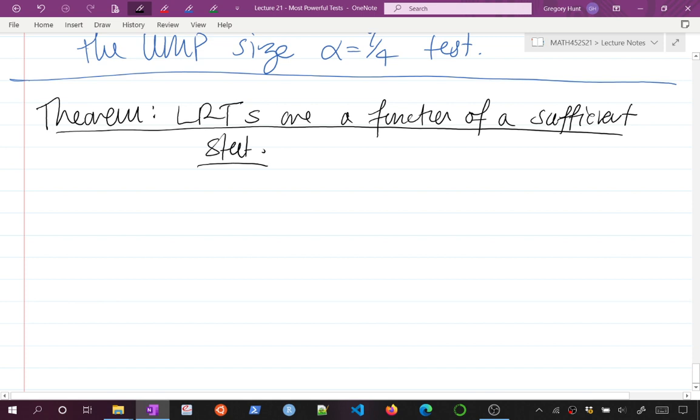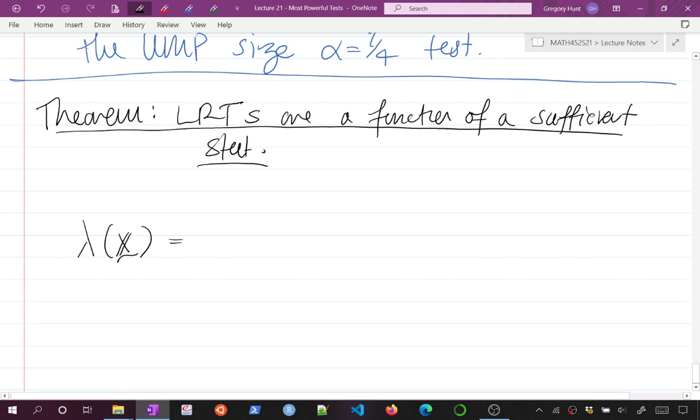I'm not going to go through a whole long proof of that, but our likelihood ratio test statistic is ultimately a function of x. I kind of suppressed the x, but it's a statistic. Like in the normal test, it was x bar, or some monotonic function of x bar.